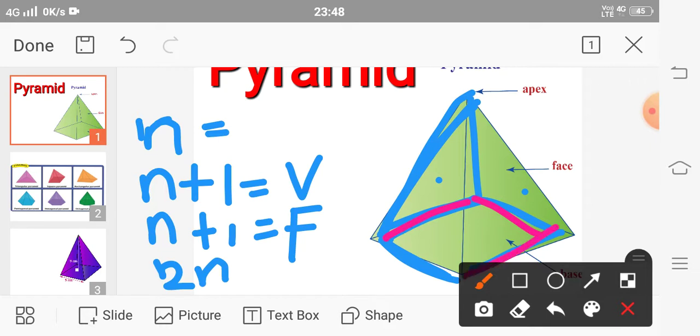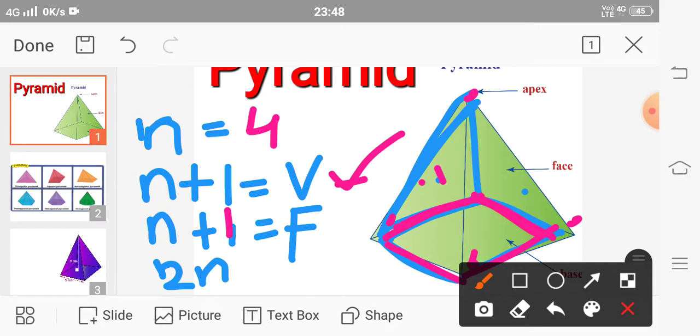Here we observe this pyramid has 4 sides, that equals n equals 4. How many vertices do we have? 1, 2, 3, 4, 5. So n plus 1, 4 plus 1 equals 5. And n plus 1 faces, that also is 4 plus 1, 5.